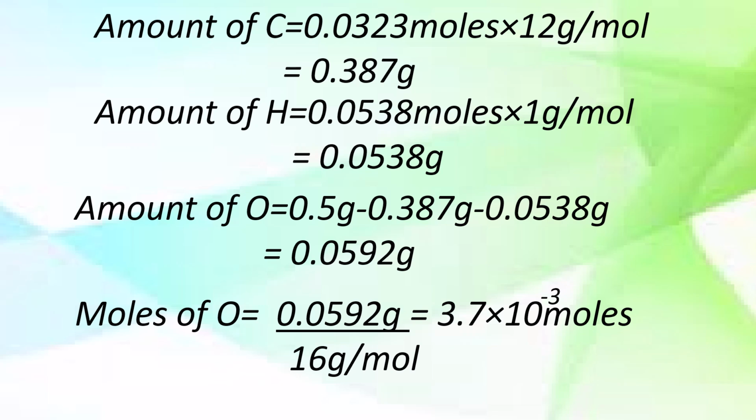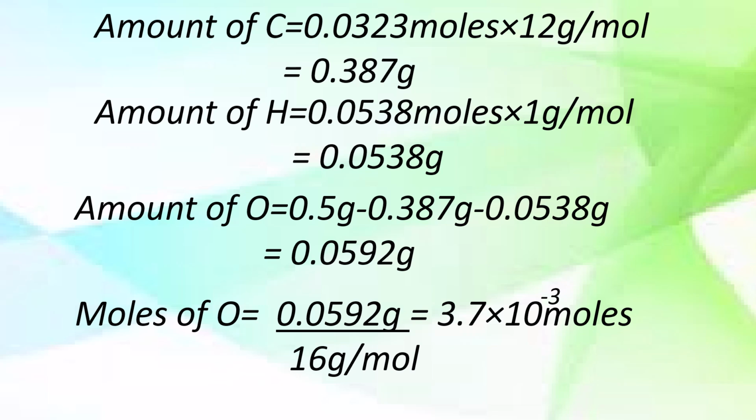Amount of hydrogen: we will write moles of hydrogen 0.0538 moles into 1 gram per mole, the atomic weight of hydrogen. So the amount of hydrogen is calculated to be 0.0538 grams. We have calculated the amount of carbon and hydrogen, and we also have the amount of sample already given in the example.